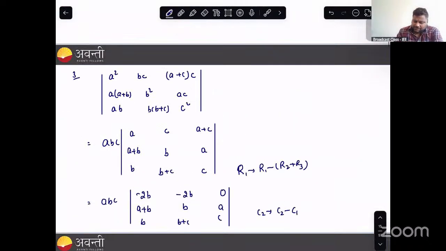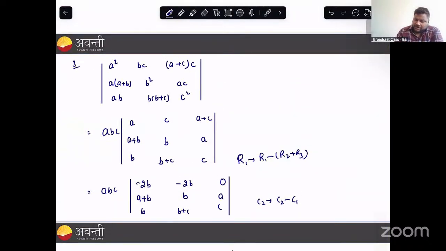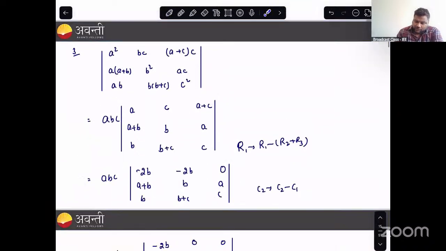Like in this question particularly, what was visible to me? The only thing visible was to take A common from here, B common from here, C common from here. So I took ABC common. Then what is my priority? To make 2 zeros in any row or column. So I subtracted these 2 rows, so I'm getting 1, 0.